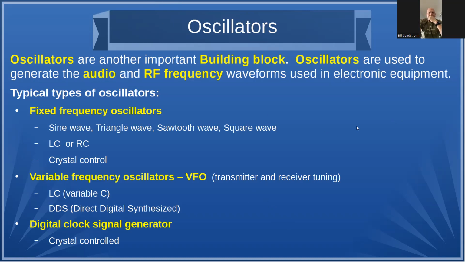So it allows you to use it as a voltage controlled variable capacitor. So you can just tune your transmitter or receiver with a potentiometer, or in some cases an encoder that's varying the resistance.